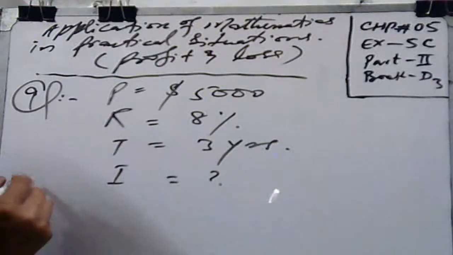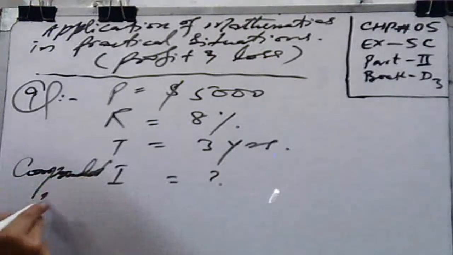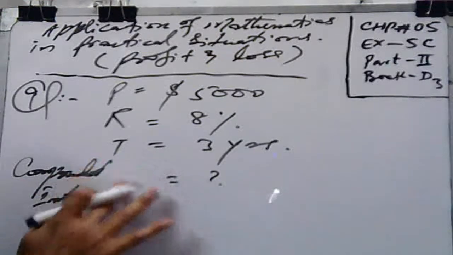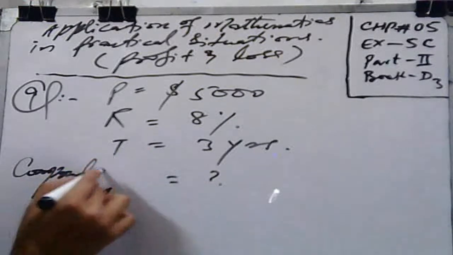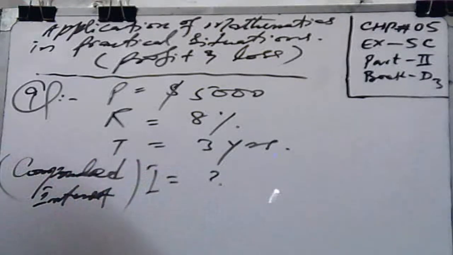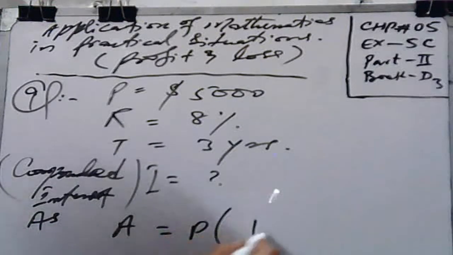So that's why we have to write here compounded I. So use another new formula. As we have a formula in this situation, that is amount is equal to principal amount multiply 1 plus rate of interest divided by 100 power T, that is time period.